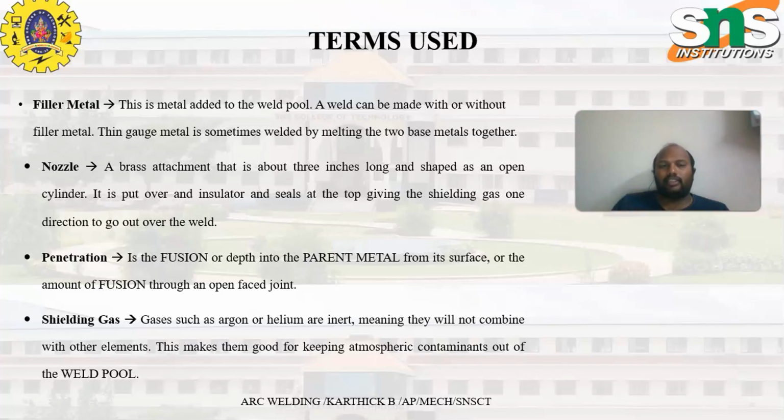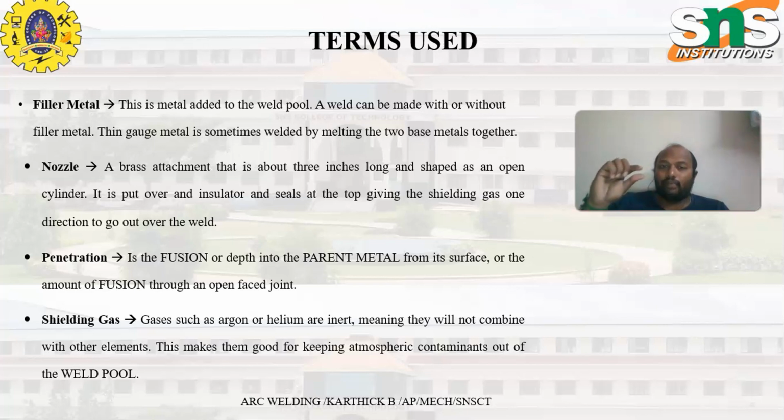The next term we are going to see is penetration, right? For example, if we take two weld plates like this, there are some faying surfaces, or the welding surface, the weld area.